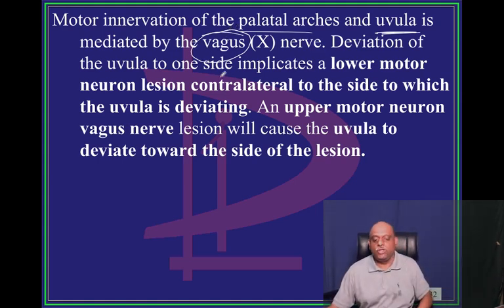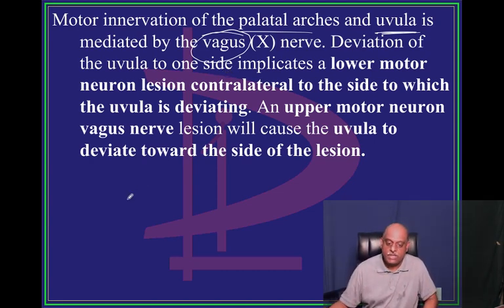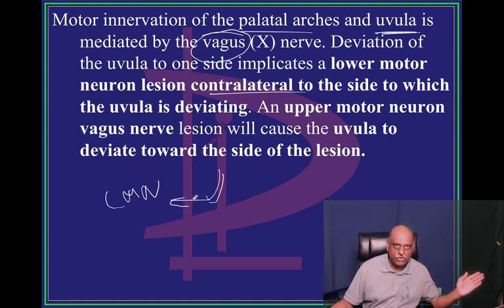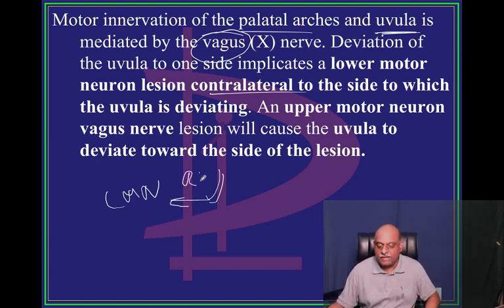Deviation of the uvula to one side implicates an LMN type of lesion contralateral to the side to which the uvula is deviating. Suppose the uvula is deviating towards the right side, that means a left-side LMN type of 10th cranial nerve palsy.